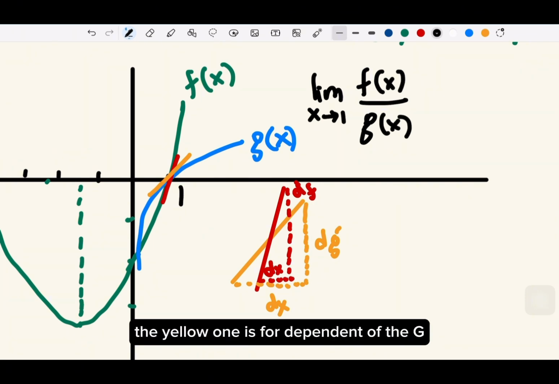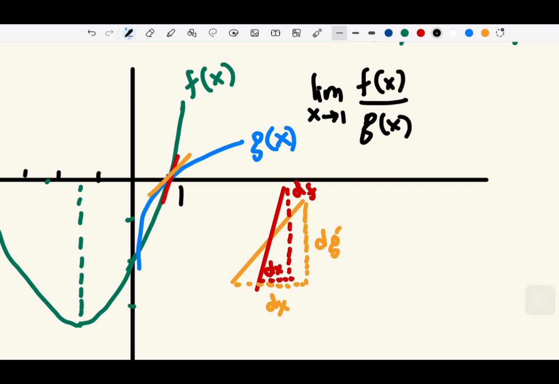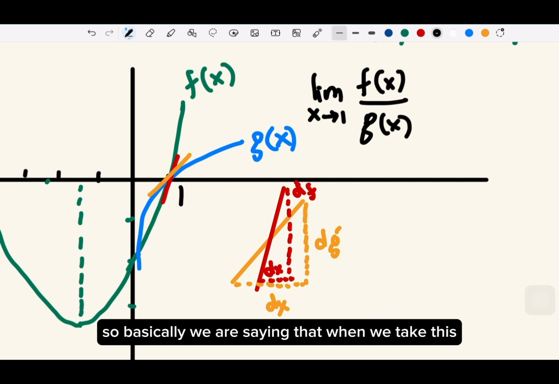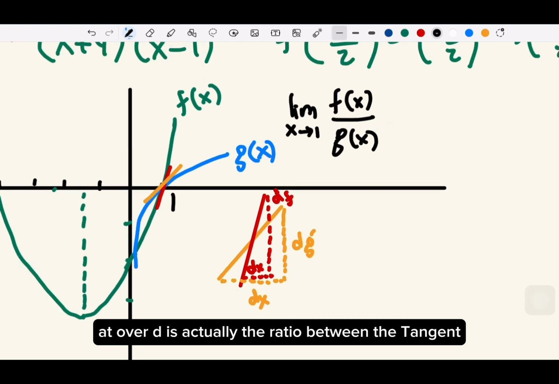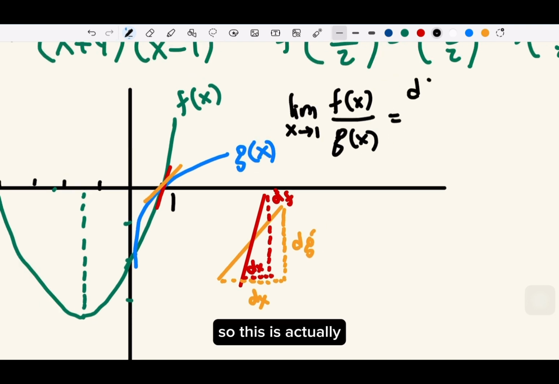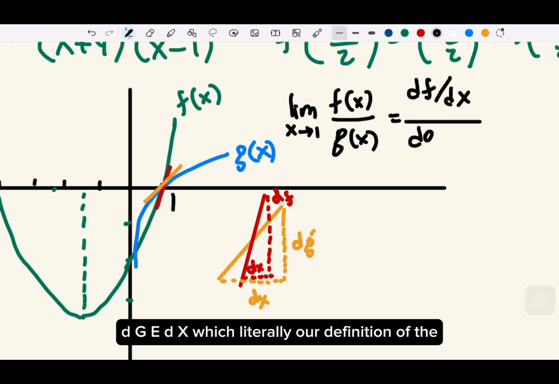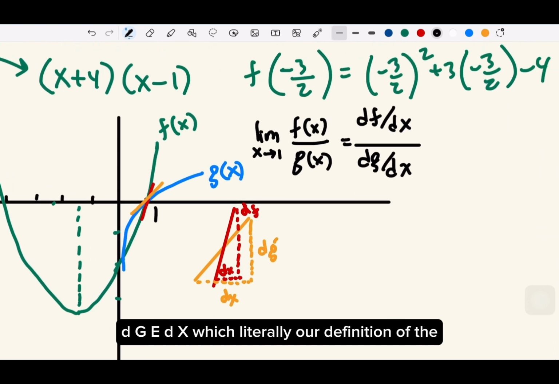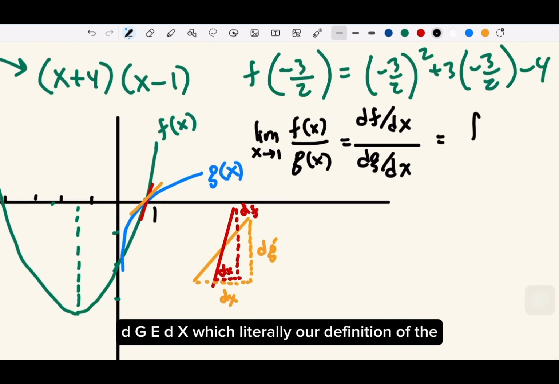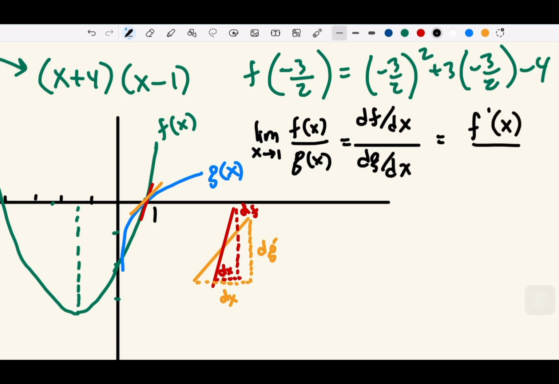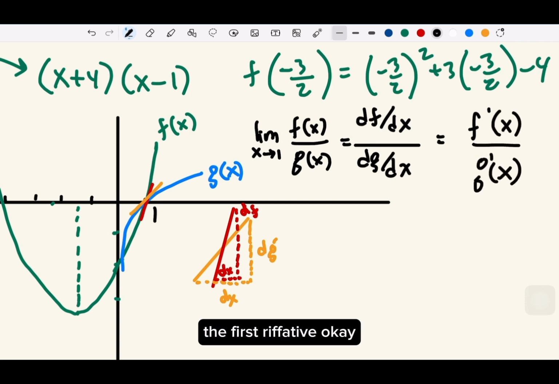The yellow one is for the tangent of g, and the red one is the tangent of f. So f over g is actually the ratio between the tangents. So this is df/dx over dg/dx, which is literally our definition of the first derivative.